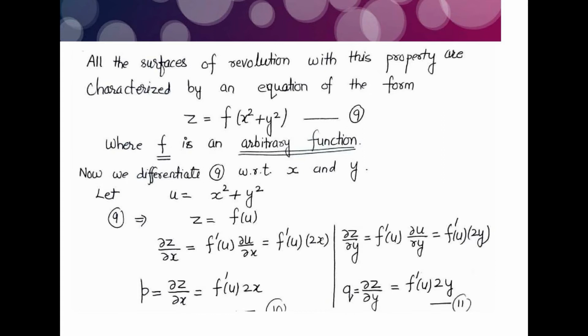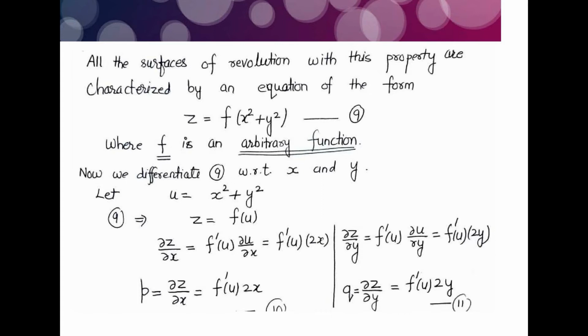Now the next example. All the surfaces of revolution with this property, that they are symmetrical about the z-axis, are characterized by an equation of the form 9, z equal to f of (x square plus y square), where f is an arbitrary function.